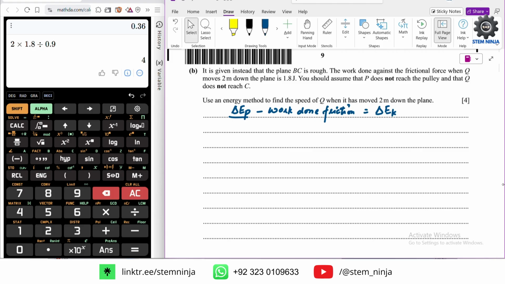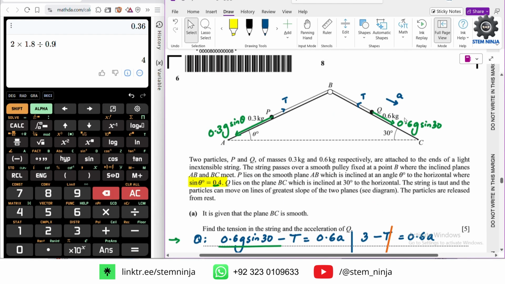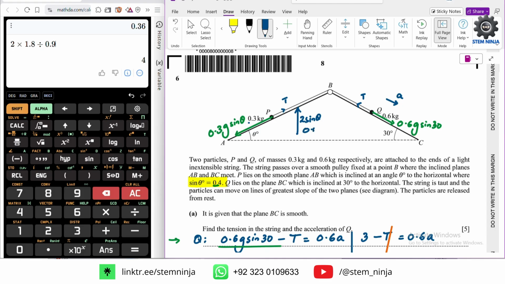The distance they're traveling along the plane is 2 meters, but the height change for P, for example, would be 2 sine theta. Sine theta is 0.4, so 2 times 0.4 is 0.8. This is just the change in height. Similarly for this one, that is going to be 2 sine 30.